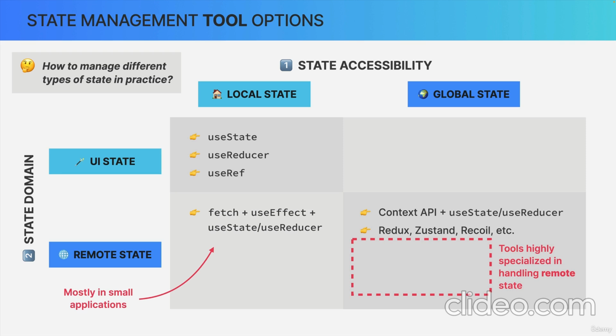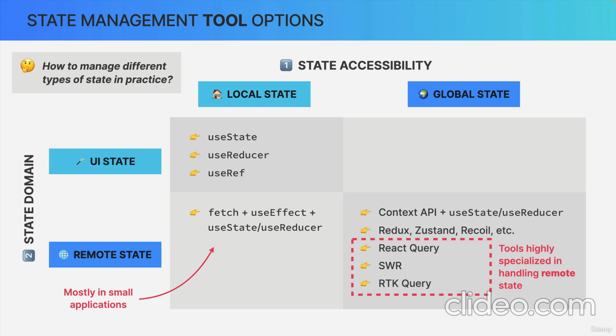So those are tools like React Query, SWR, or RTK Query, which have built-in mechanisms like caching and automatic refetching in order to deal with the asynchronous nature of remote state. In fact, these tools are so helpful that we will study React Query in depth in the next project. So I definitely recommend going with a solution like this.